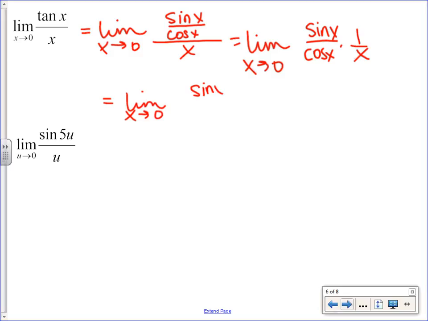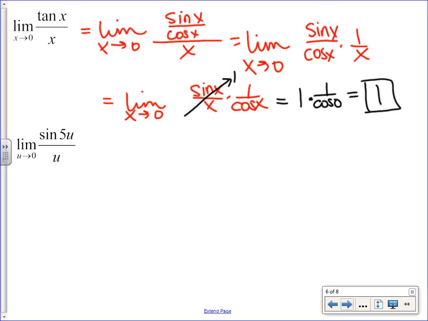The sine of x over x times 1 over cosine of x. What happens to this? This limit goes to 1. Okay, that's just my notation to say, hey, I know this limit is 1. And so now I have 1 times 1 over the cosine of 0, which is just 1.